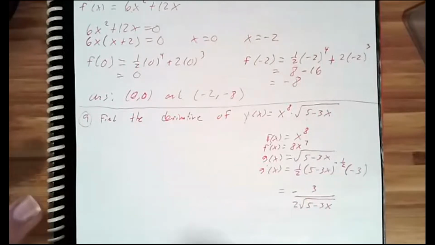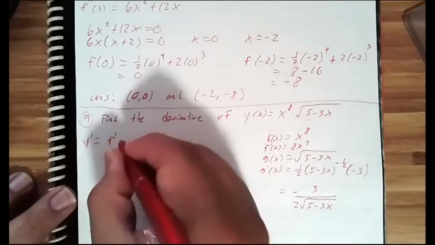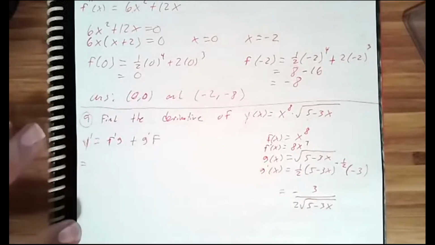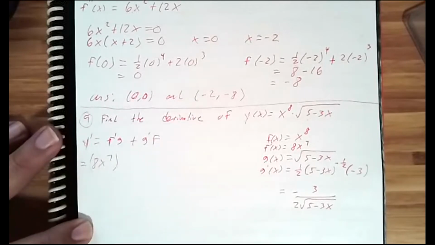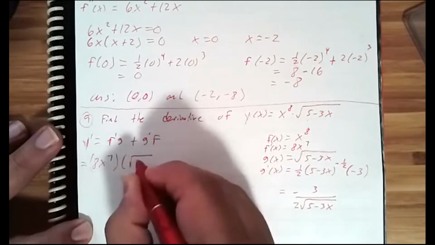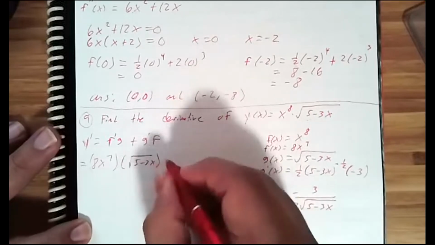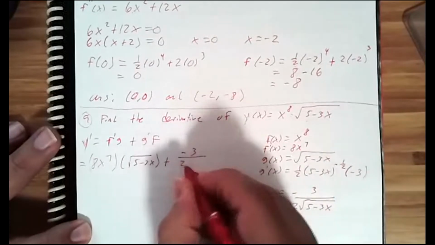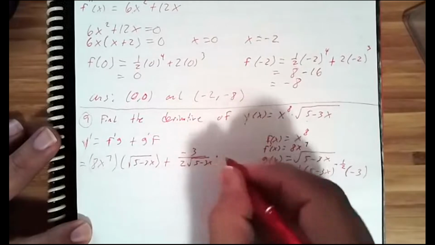Okay, so let's put it all together, right? The derivative of y will be the product rule, f times g, f prime g plus g prime f. So that will equal 8x to the 7 times g, plus g prime, which is that negative piece, times the f.